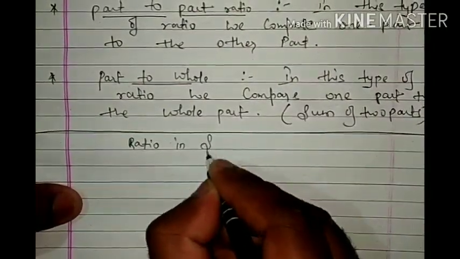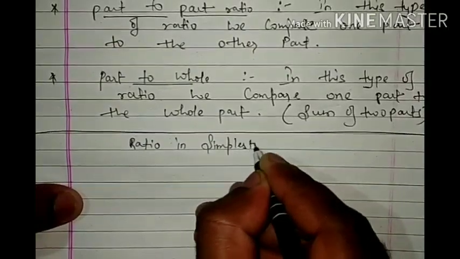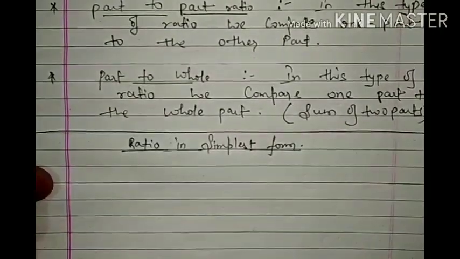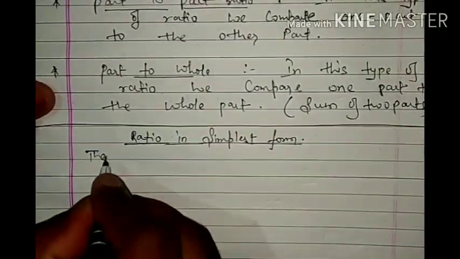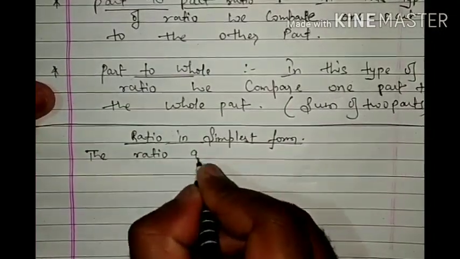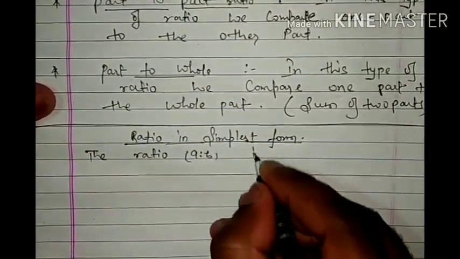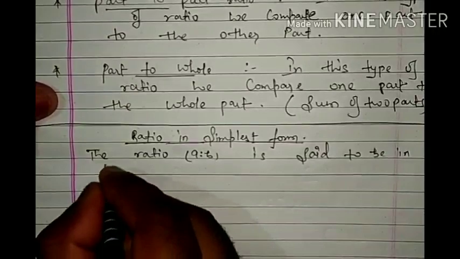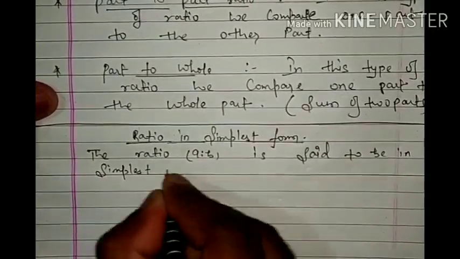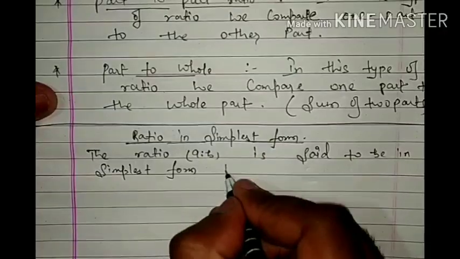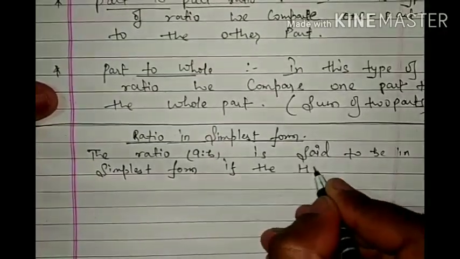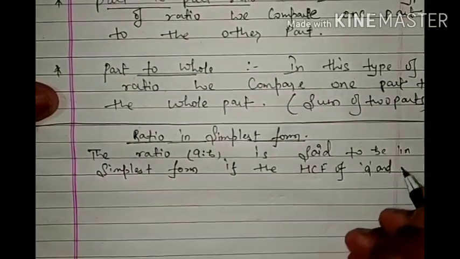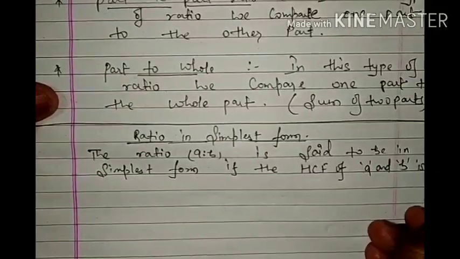Ratio in simplest form. The ratio A ratio B is said to be in simplest form if the HCF of A and B is 1.